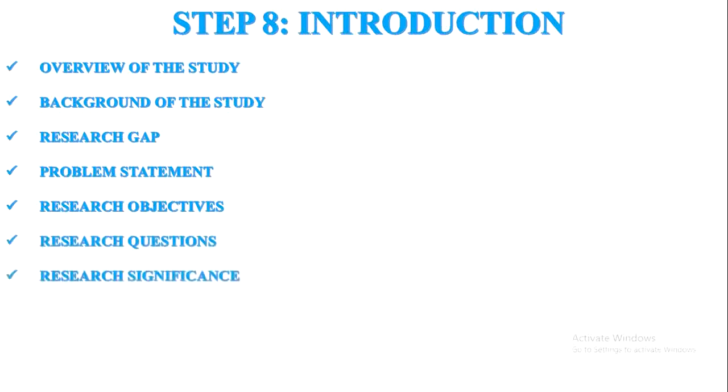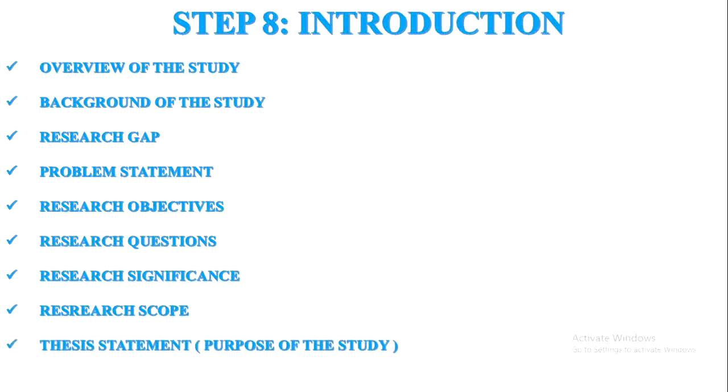Next is research significance, where you tell the importance of your variables and your research to government, managers, organizations, research academics, and research students. Next is research scope, which covers the parameters of your variables. Then comes your thesis statement, which is also known as the purpose of your study.